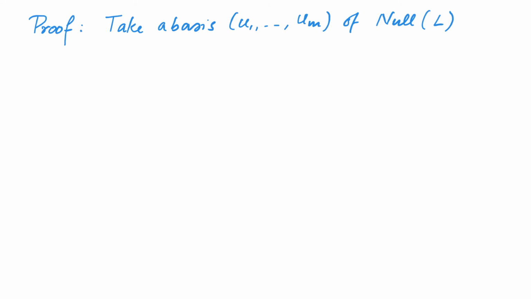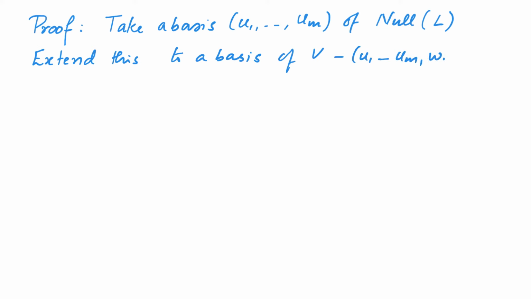To prove the theorem, as we did in the example, we will start with the basis u1, u2, u3, etc. up to um of the null space of L and extend this to a basis of the vector space V. Let this basis be equal to u1 to um, comma w1 to wn.